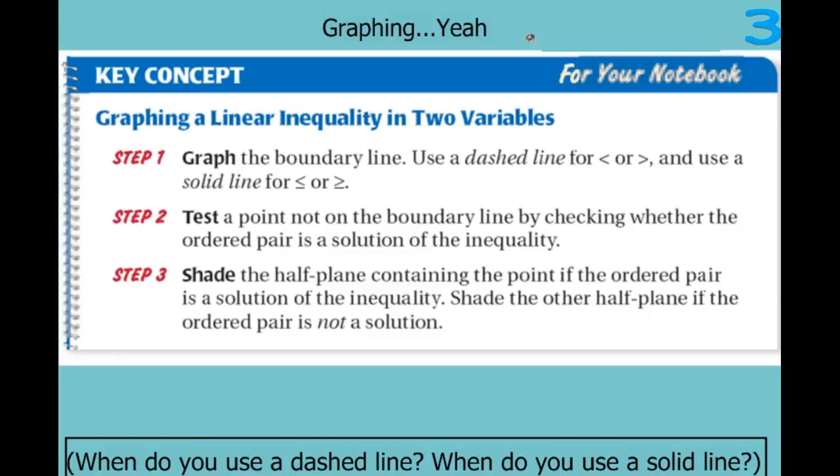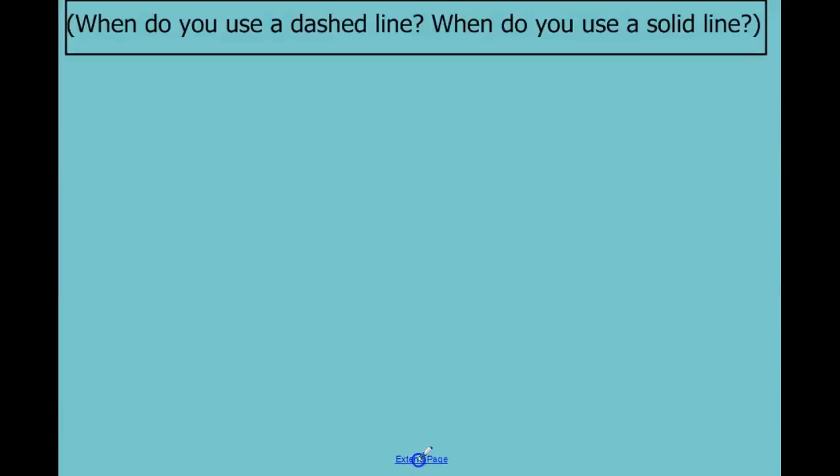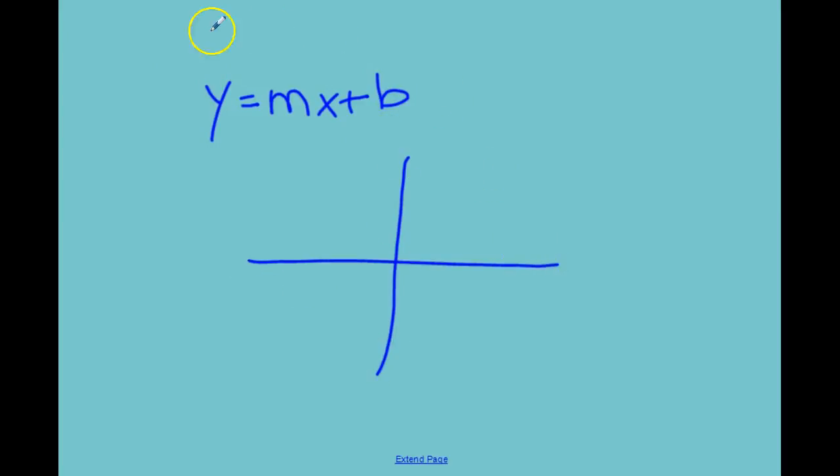So we are going to today be graphing y equals mx plus b. I'm going to do a little side note here. If you don't remember how to graph, let's say I have the equation y equals 2/3 x minus 4.